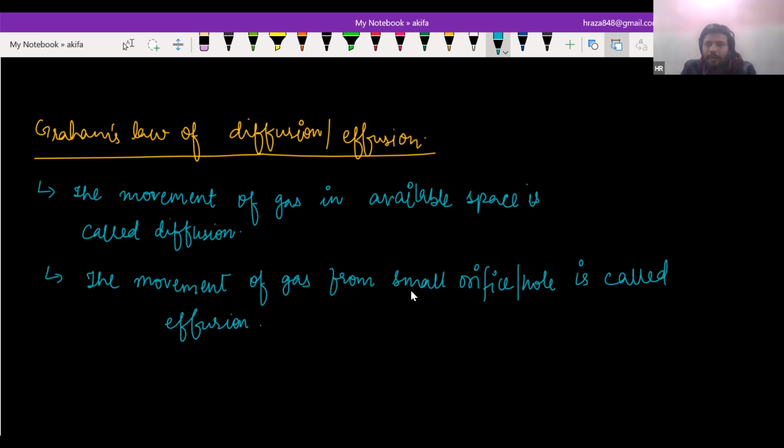So you can see if there are gases moving in the available space, that is called diffusion. And if there is a container and you make a hole, the gas will move out, that is called effusion. Is this clear? Yes.